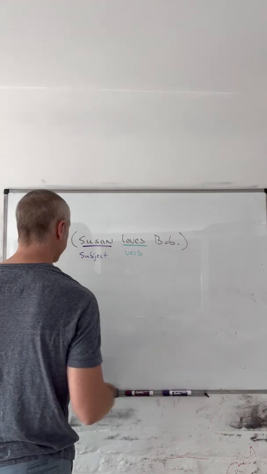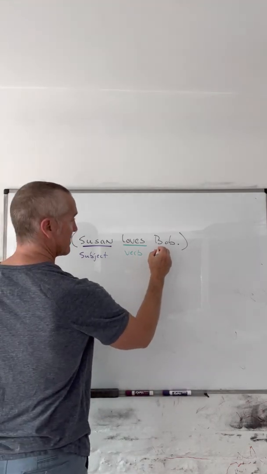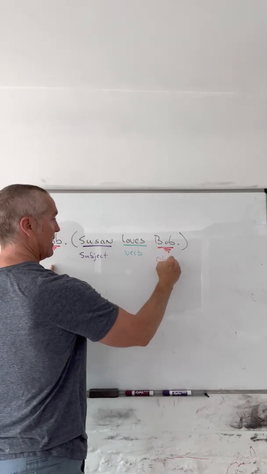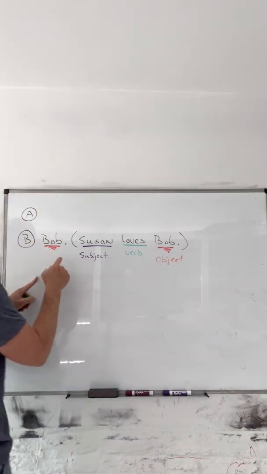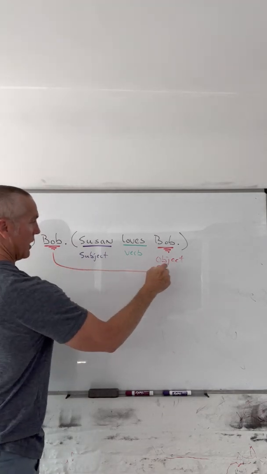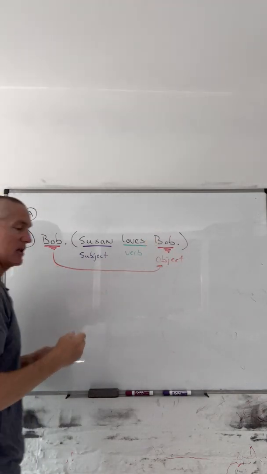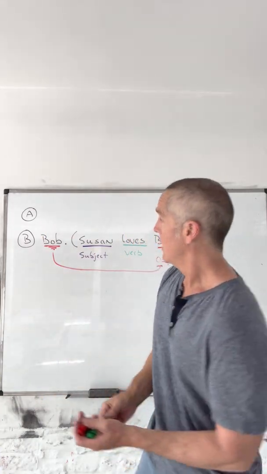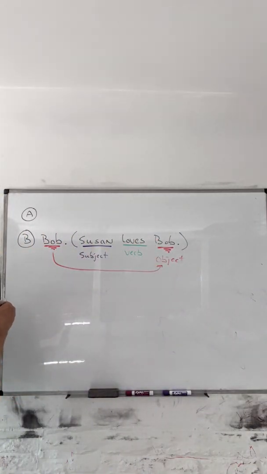And then Bob, that's the information that we want in our question, is located in the object position. So again, here's the information that you want, and it is located in the object position of the long, complete answer.